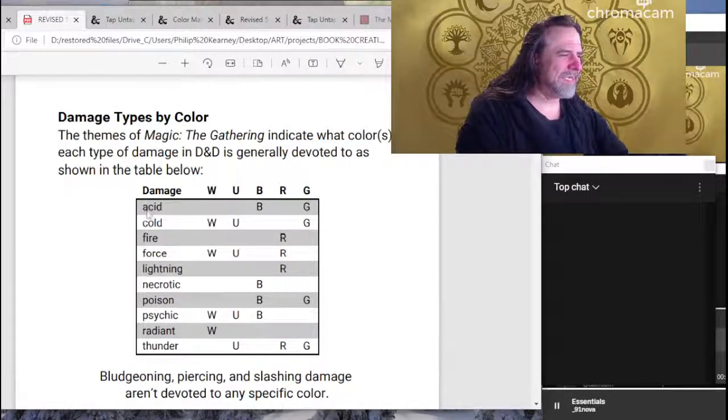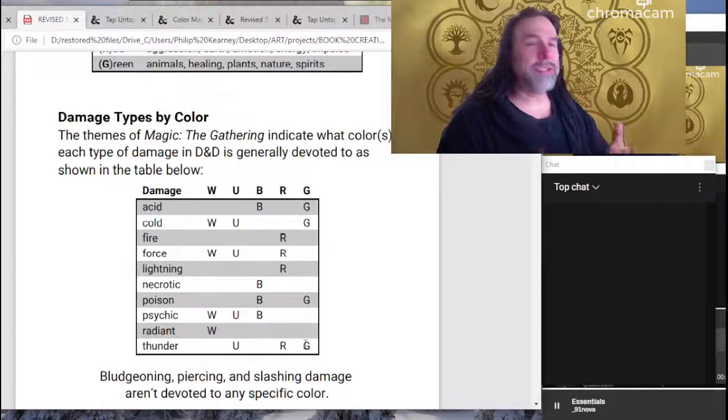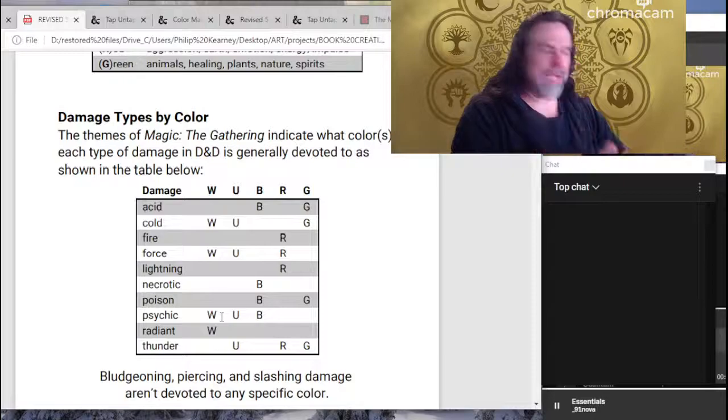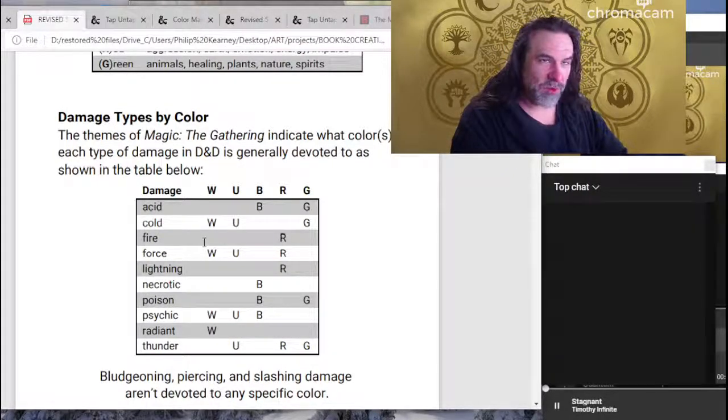Green is interesting. It's acid, cold, poison, thunder. A lot of natural elements or creature type, like natural creatures, is what you see in green. Cold, force, psychic, radiant, very white wizard type damage effects or cold effects, like winter storms.